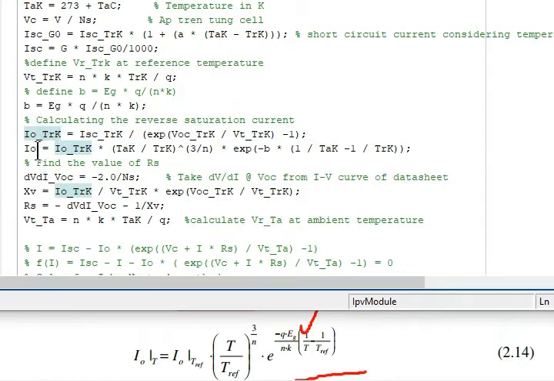To calculate the inverse saturation current at any temperature, we have to multiply it by the ambient temperature divided by the reference temperature, raised to the power 3 over n, times the exponential of minus B. B is calculated here as E_g q over n k, times (1 over T at any temperature minus 1 over T reference temperature).